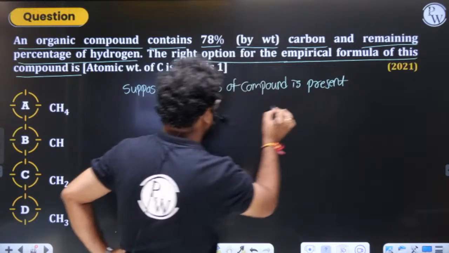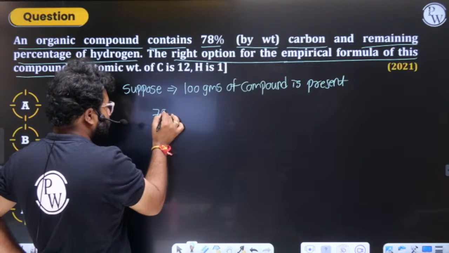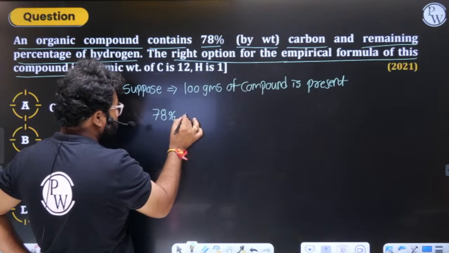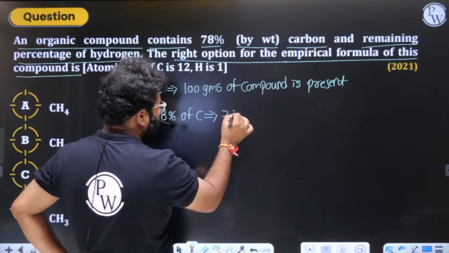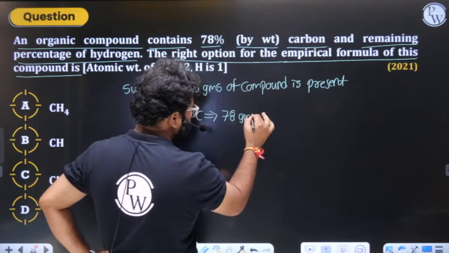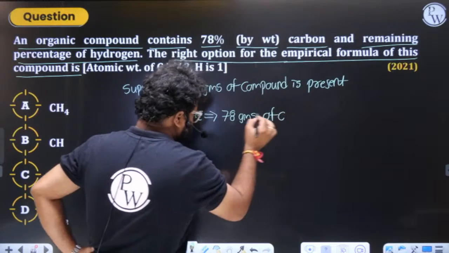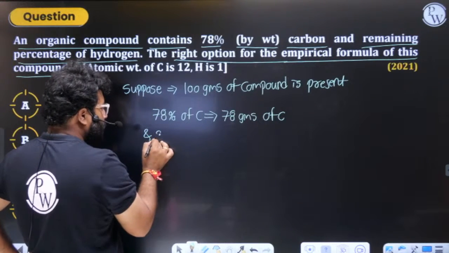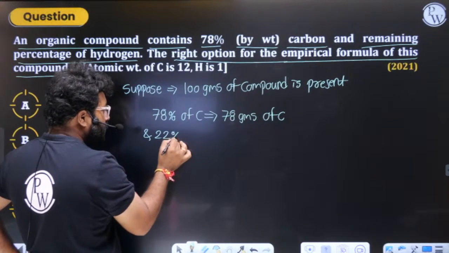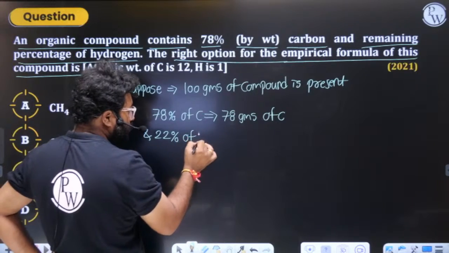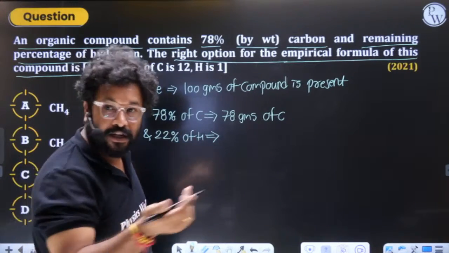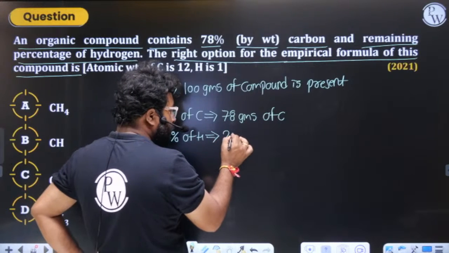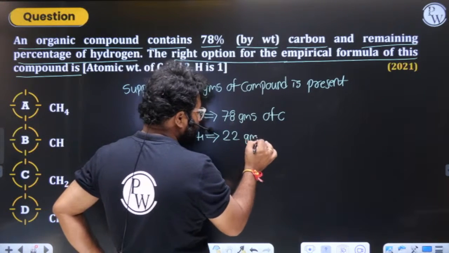Now it contains 78% of carbon, which means it contains 78 grams of carbon. And the remaining 22% is hydrogen, so when you take 100% as 100 grams, the 22% becomes 22 grams of hydrogen.